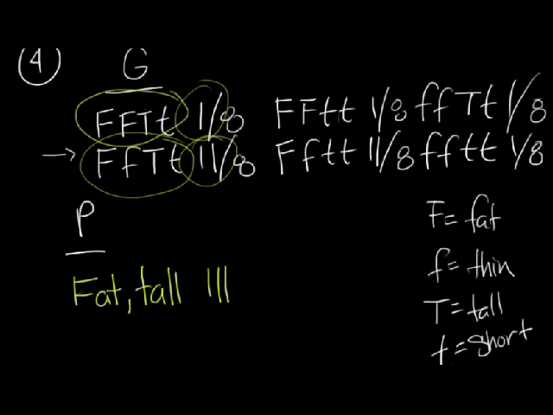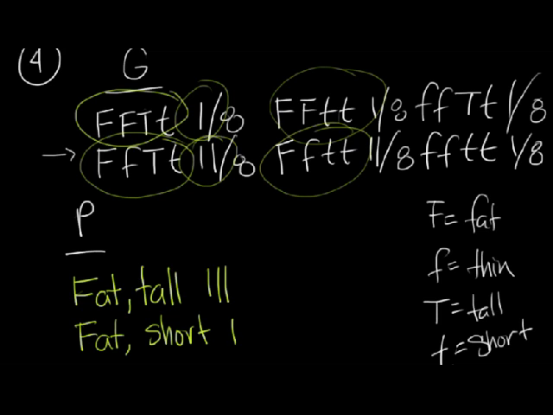We go on to the next one. This happens to be fat, and it is going to be short. How many do we write? 1. Our next one, that's fat and short also. So we notice that there's 2 of them. 1, 2. Okay, we go to this one. It's no longer fat, it's actually thin.